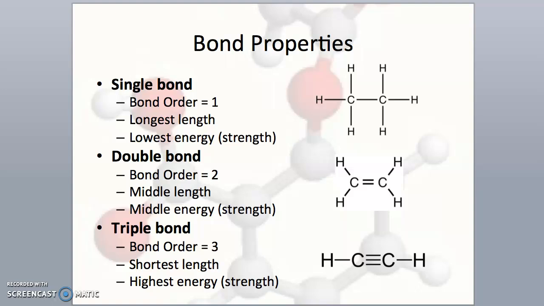And we can actually calculate this, and it's pretty obvious for these cases, but I can calculate a bond order by taking the number of bonds and dividing it by the number of atoms that it's bonded to.